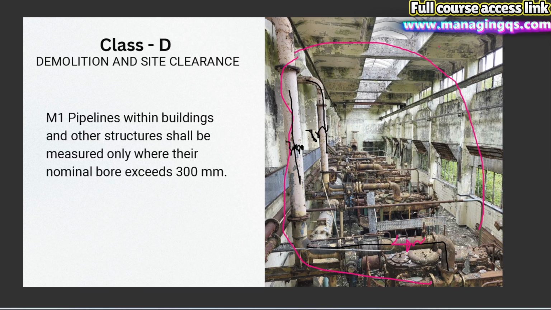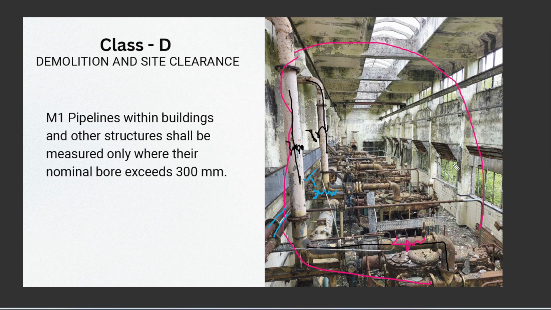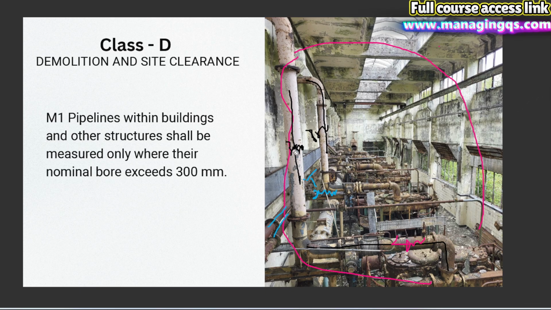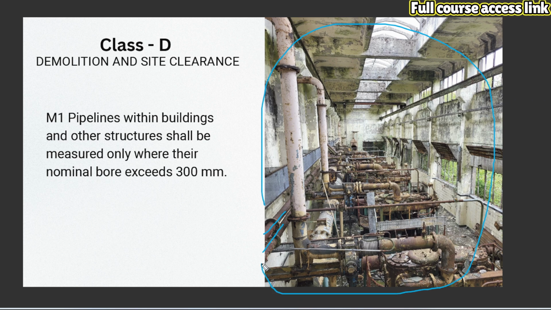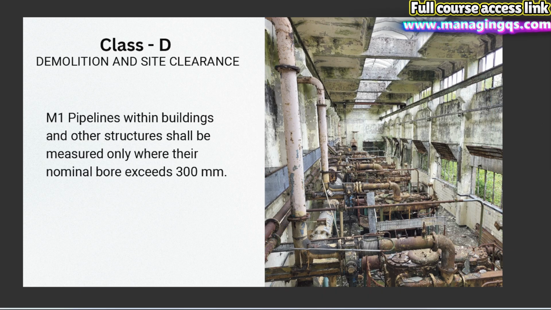But these small pipes we can consider as 200 millimeters. This rule says above 300 millimeters, so this portion and this big pipeline should be considered as pipeline-related demolition. But the small pipes below 300 millimeters we do not consider as pipelines. We just consider them as general building demolition, and under general building demolition we include all these small pipelines. This is what the measurement rule says.